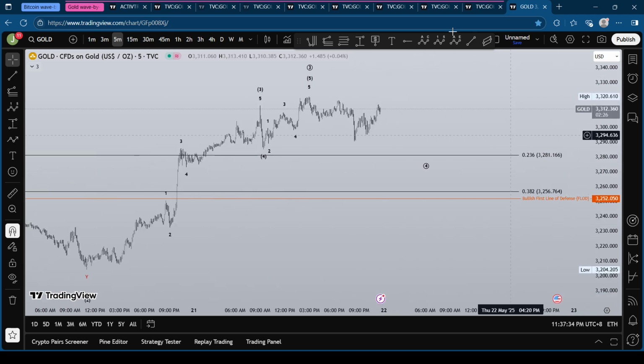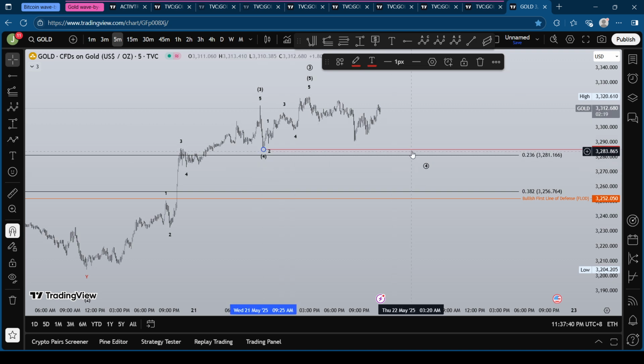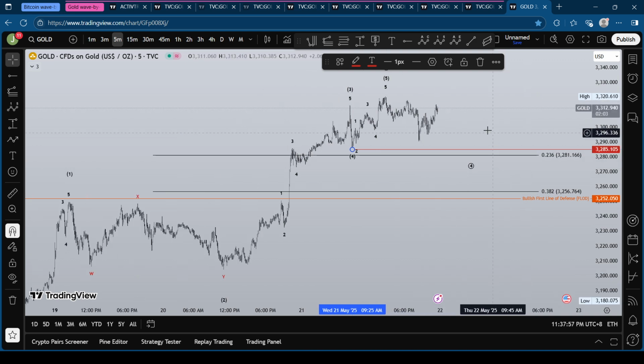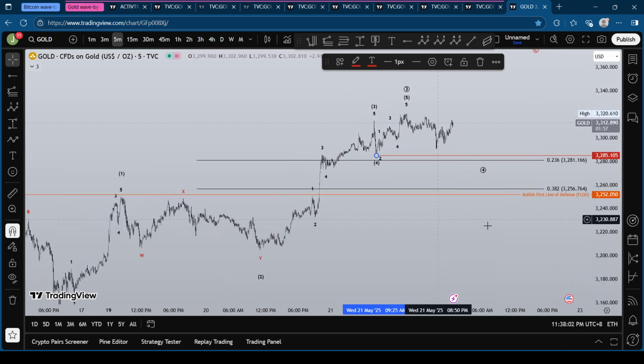One of the reasons for the possible extension is that there's no market structure shift at the territory of wave 4. So once it breaks the price of the parenthesis wave 4 here, there will be a structure break. Then the possibility of touching the 0.236 to 0.382 will be highly likely.